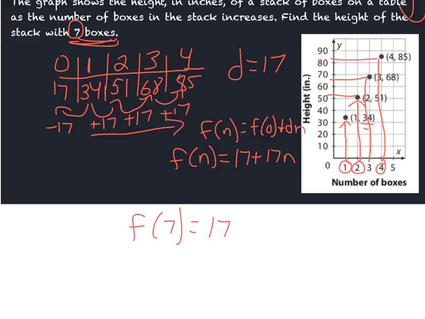It would be 17 plus 17 times 7. That would be 17 plus 119, which would be 136. So f of 7 would be 136.